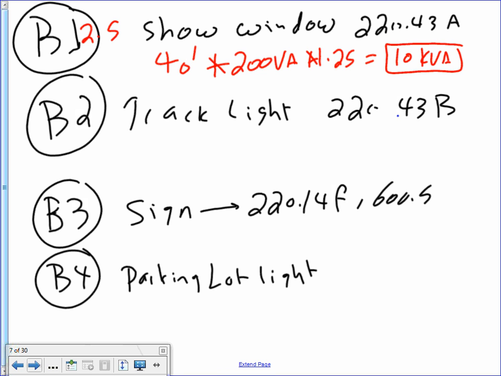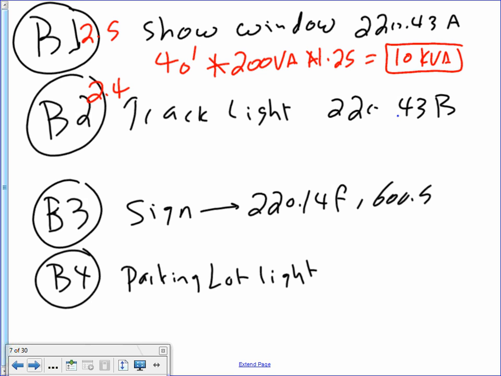Okay, track lights. Where do we have track lights on our sheet? It is 2.4. Track lights is 2.4 here. Okay, for track lights, 220.43(B). If you guys go there, it will tell you for every 2 feet, give it 150.